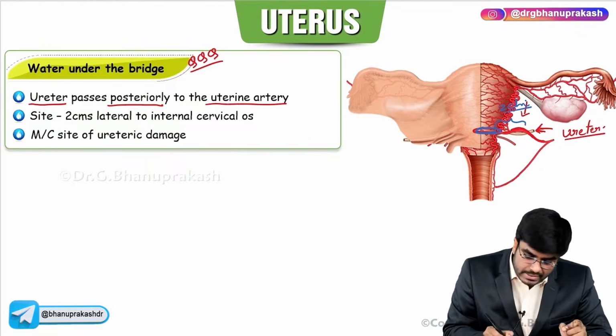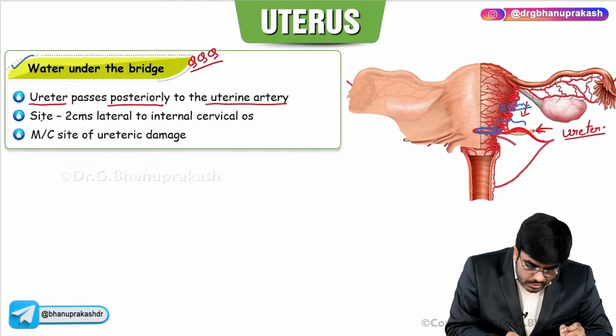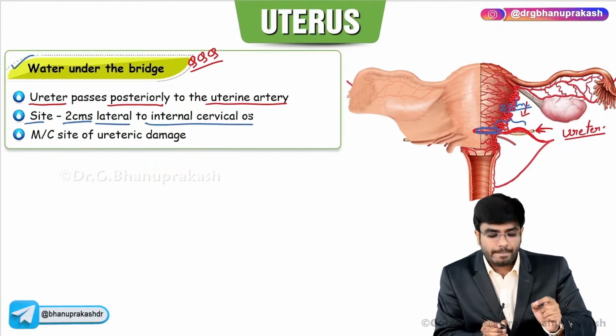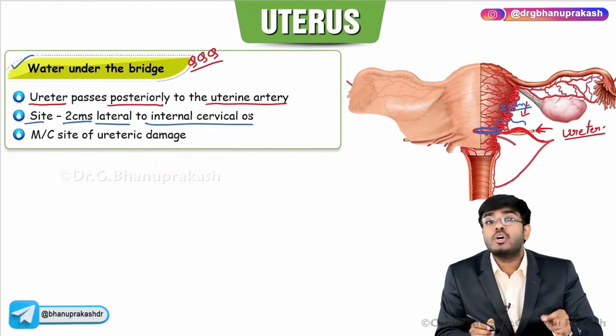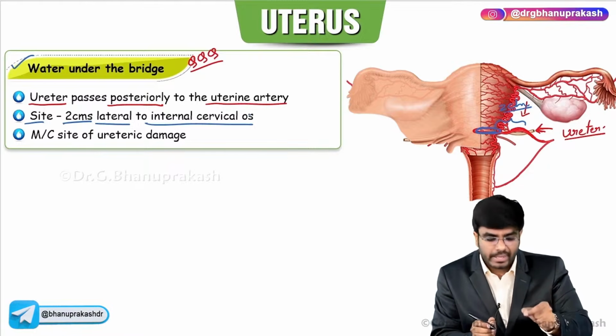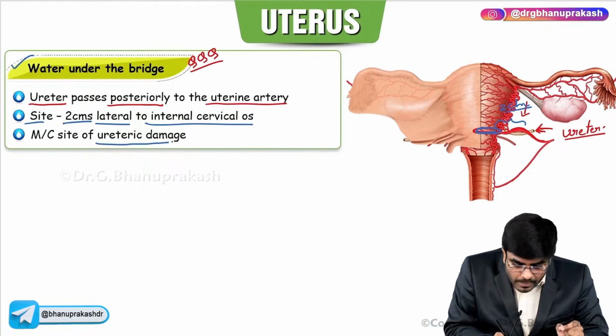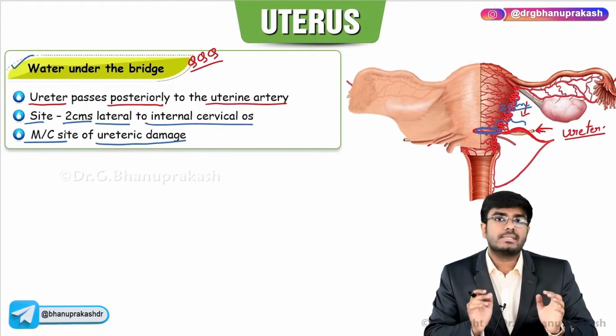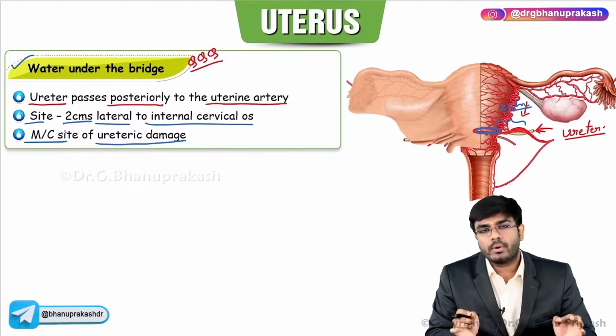This is known as water under the bridge. So the site is 2 centimeters lateral to the internal cervical os. Why is it important? Because this is the site for ureteric damage. This is the most common site where the ureter gets damaged during surgeries. So, very important point.